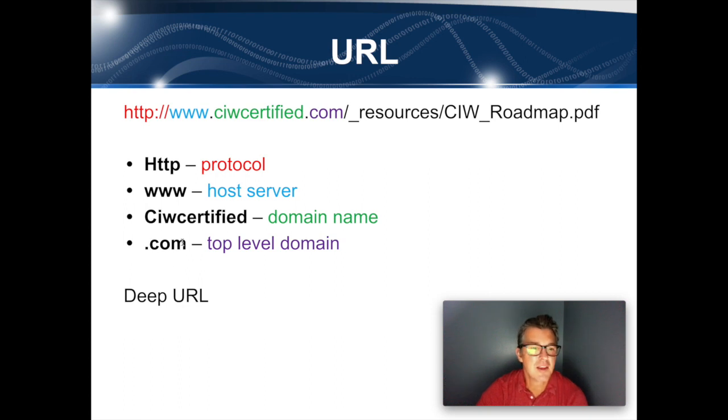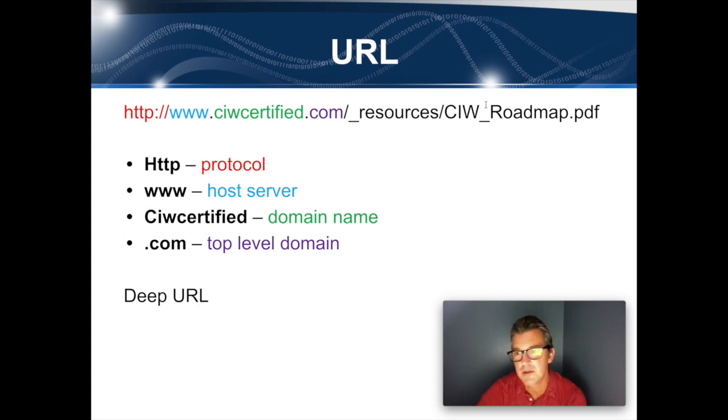So at the top where it would say, first we look inside .coms, then we look for the domain name, we look for CIW certified that's located inside the .coms, and then finally we find their actual computer. The computer is www, and then we're going to be accessing it using a rule, a hypertext transfer protocol, or protocol is another word for rule, and we'll all be talking the same language.